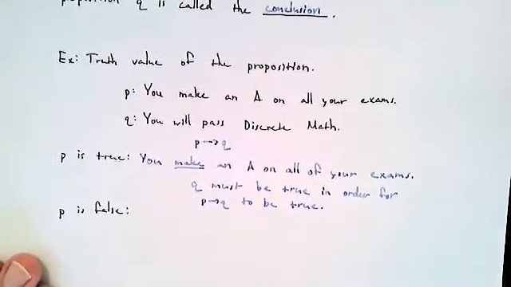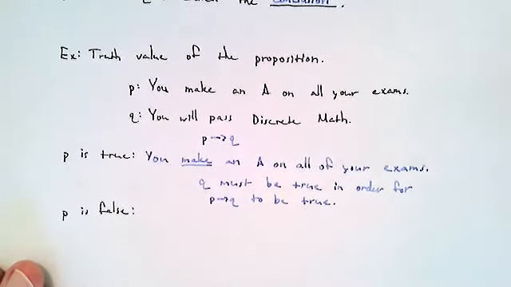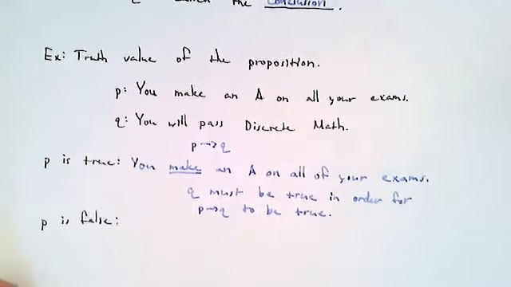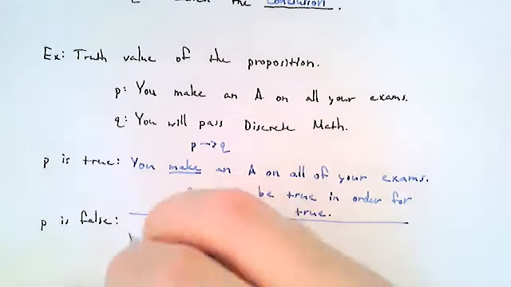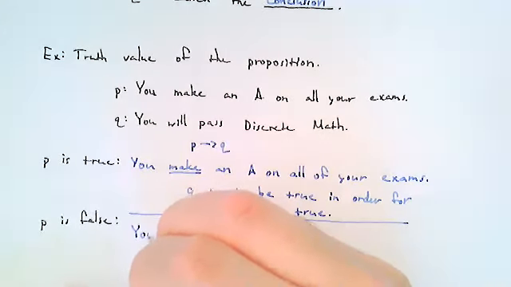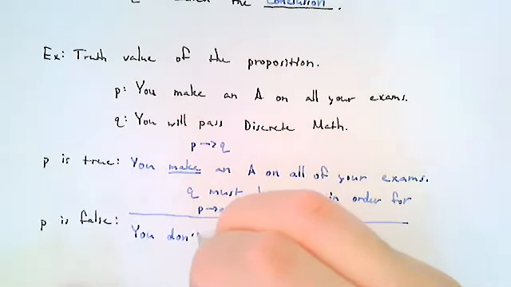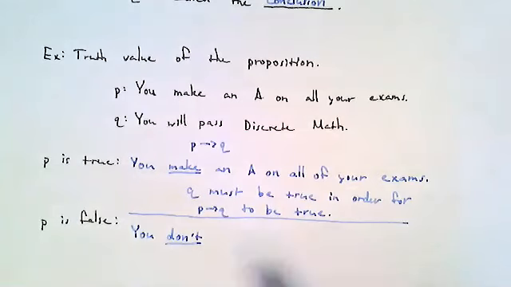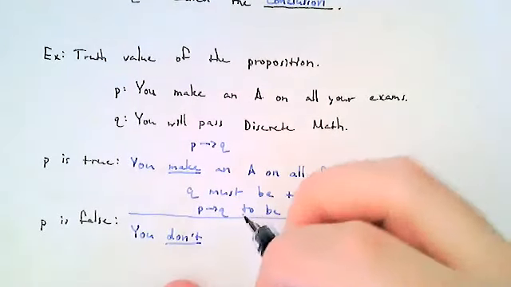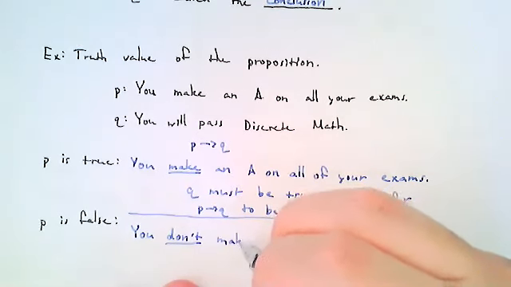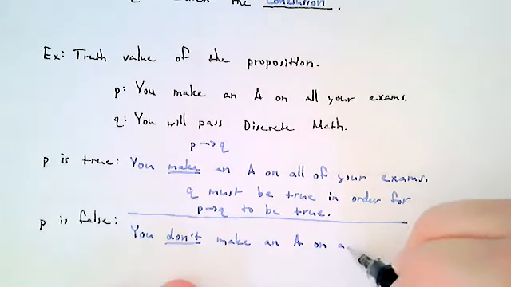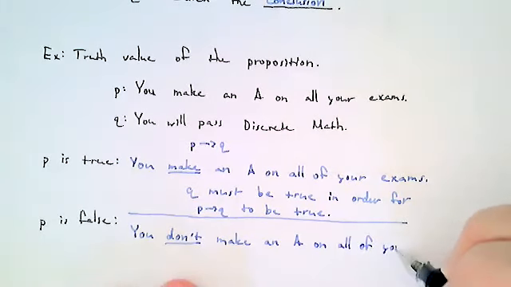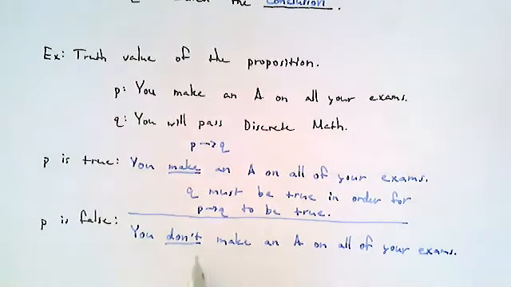But let's go to the one that's a little bit harder to think about. So what should happen if P is false? Then would Q be false? Okay, so let's think about that. I'm going to write this first. So P is false means you don't make an A. And then your answer was Q should be false.